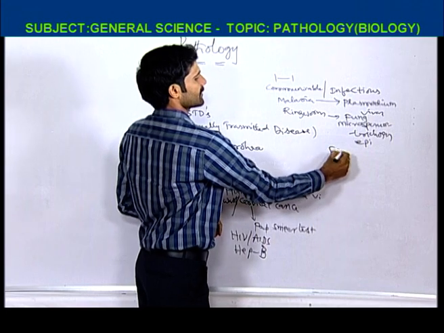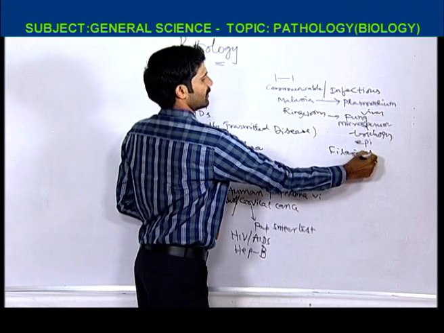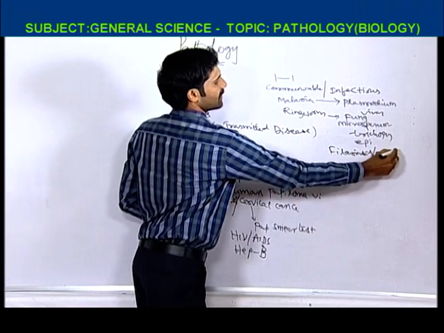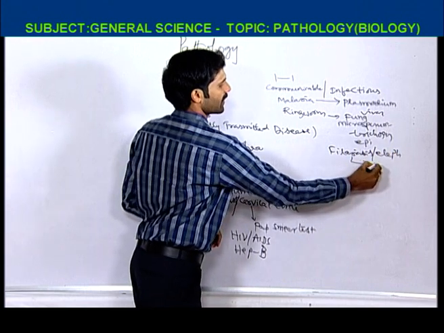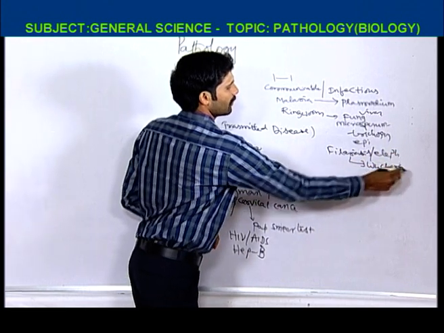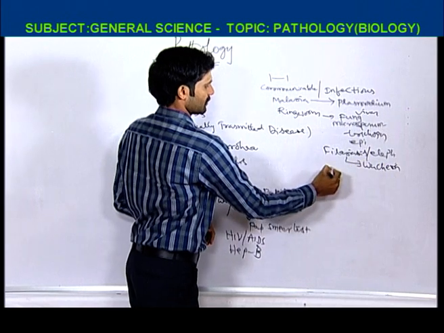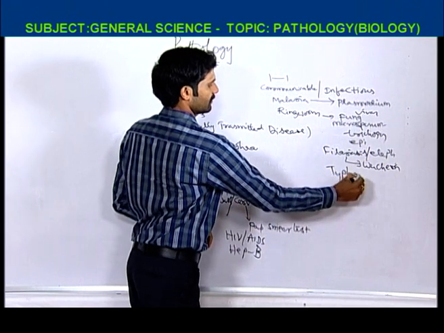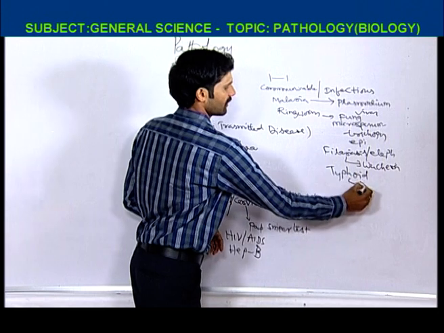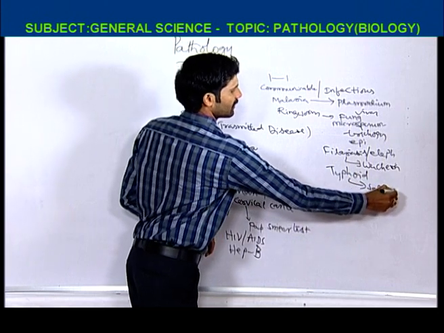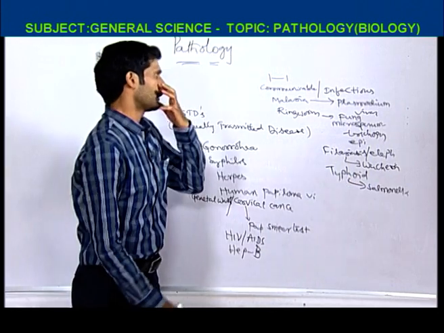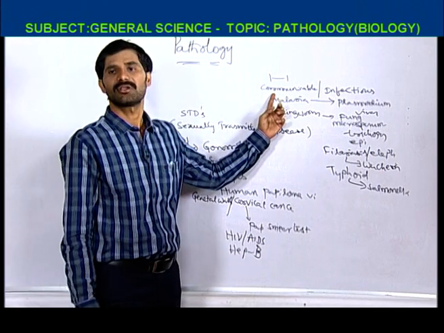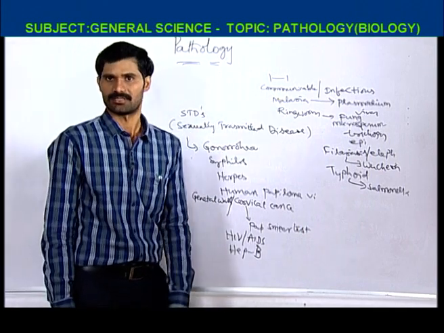Next, filariasis or elephantiasis, caused by Wuchereria bancrofti. Next, typhoid, caused by Salmonella typhi, etc. These are considered communicable or infectious diseases.